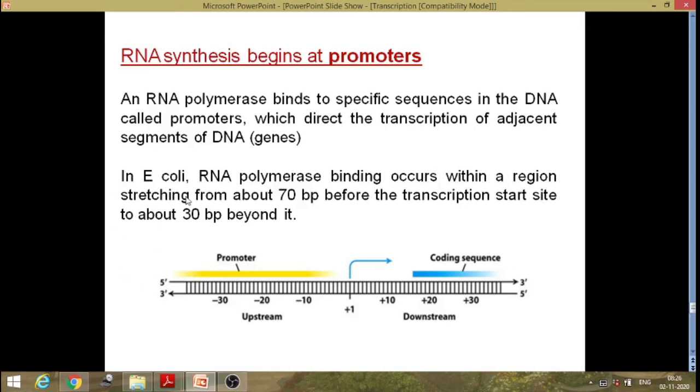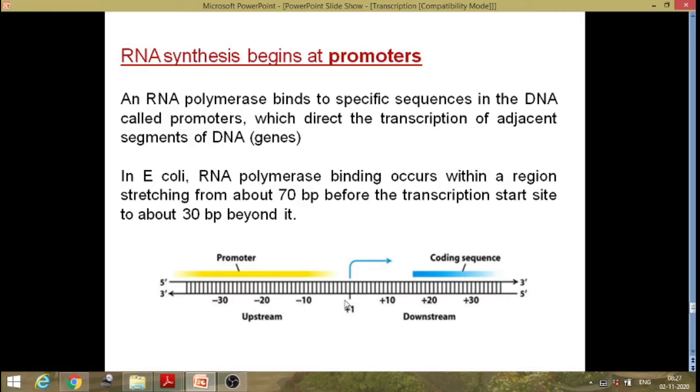So in E. coli, RNA polymerase binding occurs within a region stretching from about 70 base pairs before the transcription start site to about 30 base pairs beyond it.